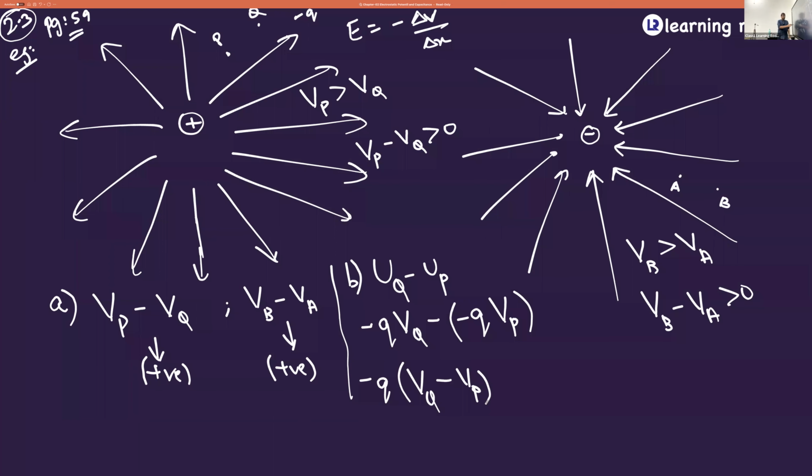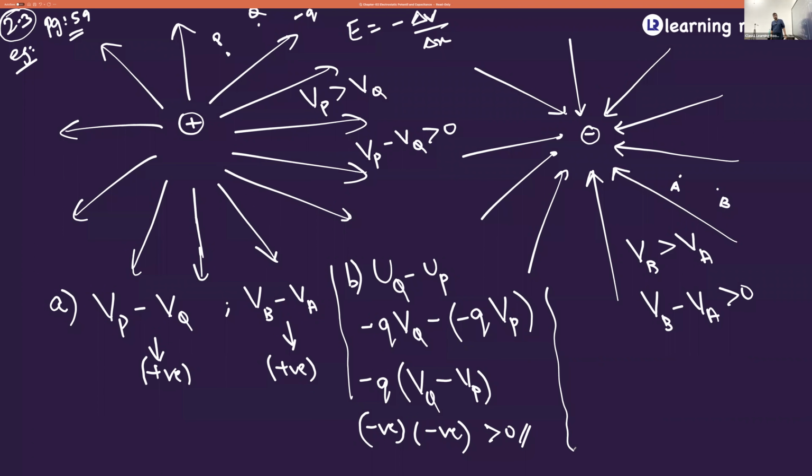We know that VP minus VQ is positive, so VQ minus VP will be negative. Negative into negative will give you a positive value. So when you move a small negative charge between the points P and Q, UQ minus UP is going to give you a positive value.